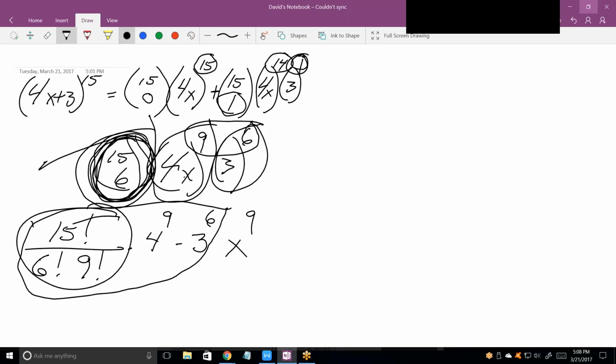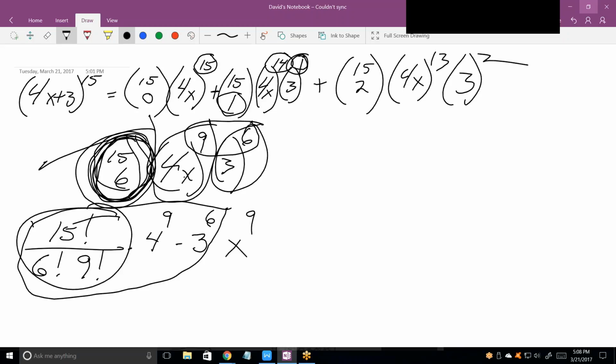So this is a little tricky. Sometimes it really is helpful when you're solving these to write out the first couple terms, sometimes even the first 3 terms, because then you see the pattern. In other words, I know the next term is 15 choose 2 times 4x to the 13th times 3 squared.